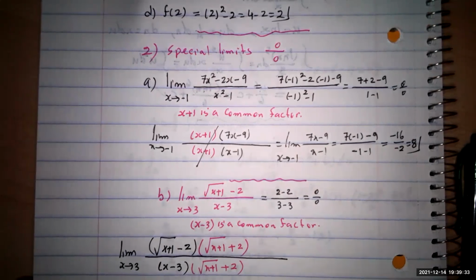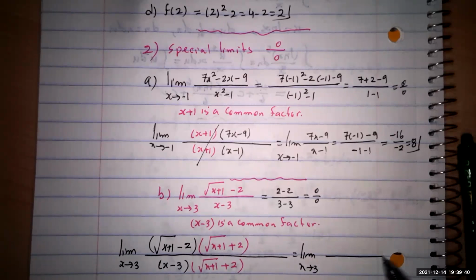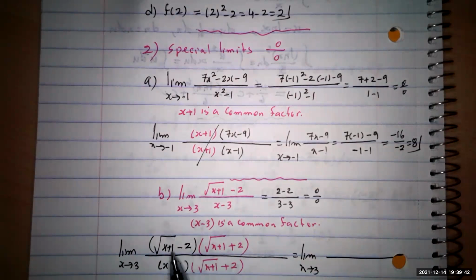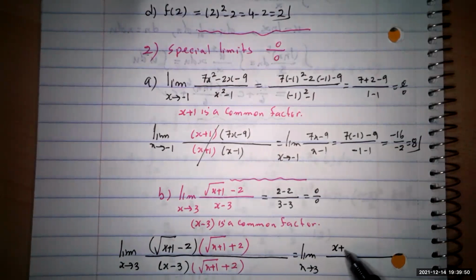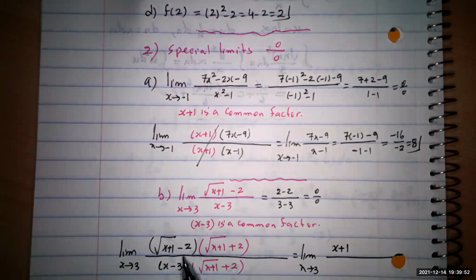Now the top, we just use algebra. That's a special product. It's going to be the square of the first minus the square of the second. We'll just multiply these two together. The radical would disappear, that gives you x plus 1, and negative 2 times 2 would be negative 4.